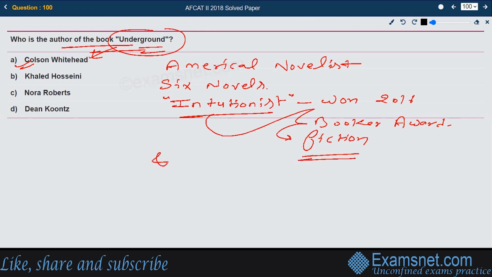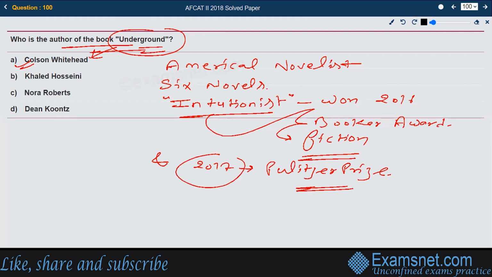And in 2017 it won an award called the Pulitzer Prize. So it has won two international awards, the Booker Award in 2016 and the Pulitzer Award in 2017. Internationally acclaimed, internationally recognized awards. And the right answer is Colson Whitehead.